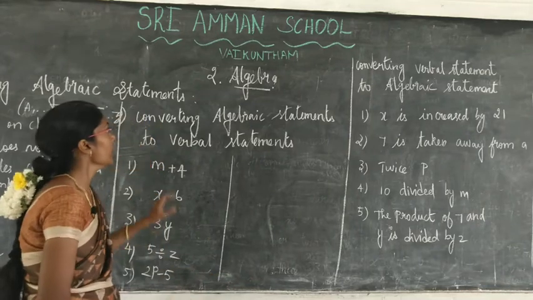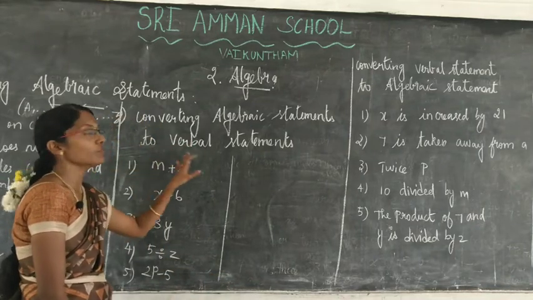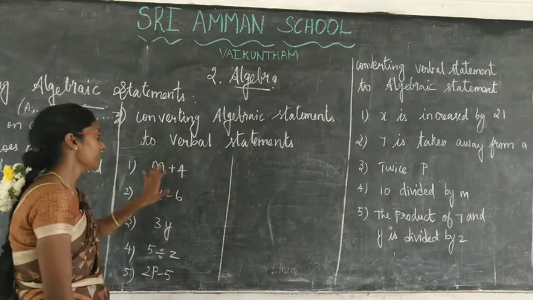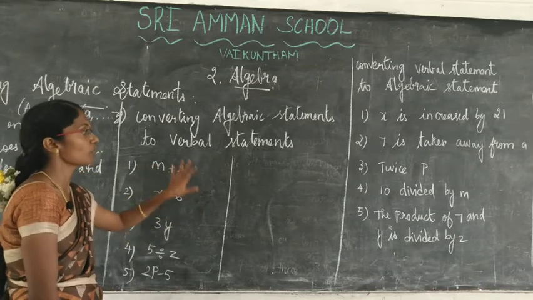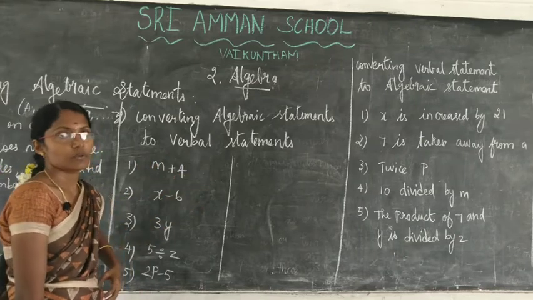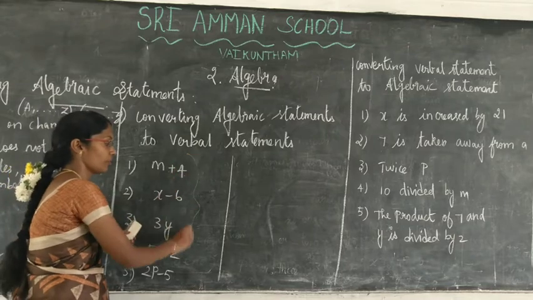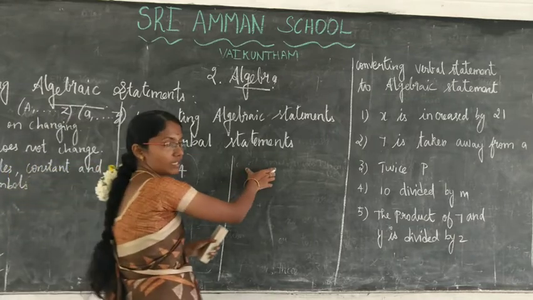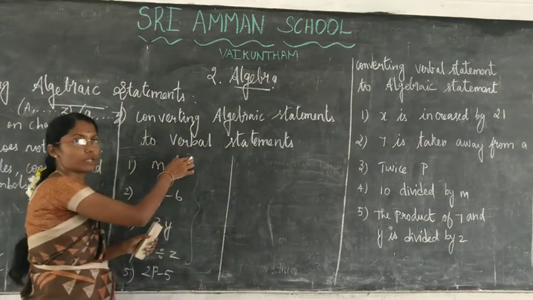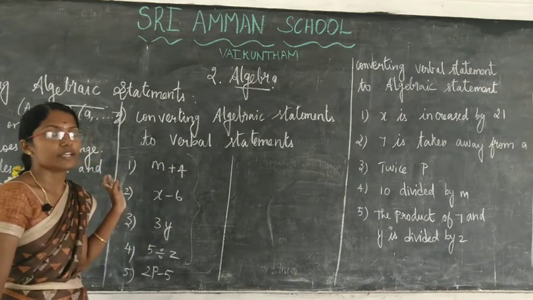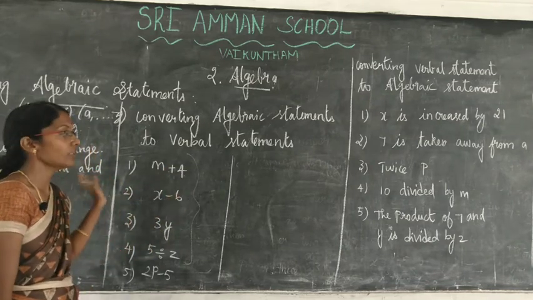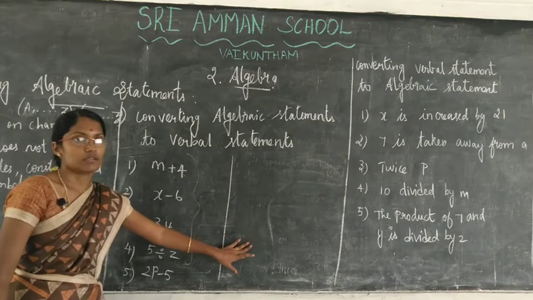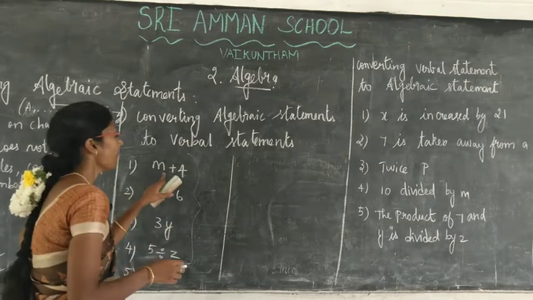Here we convert algebraic statements into verbal statements. You are given algebraic statements and you have to convert them into words, that is, verbal statements, by using more than, added, reduced, decreased. So m plus 4.